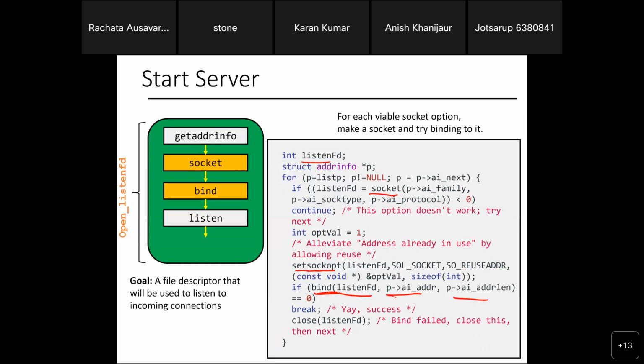Again, you get the address information, then you build the socket by saying, hey, this is going to be the file descriptor that listens to the incoming traffic. Listenfd will be the file descriptor that we are using to listen. Then we bind listenfd with the address info that we have. Basically, now we bind the address information so that we can then start to listen.